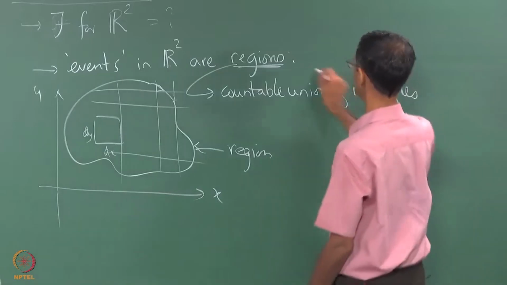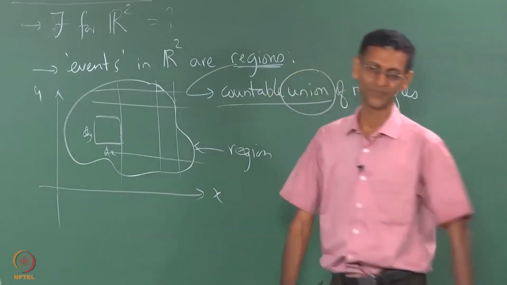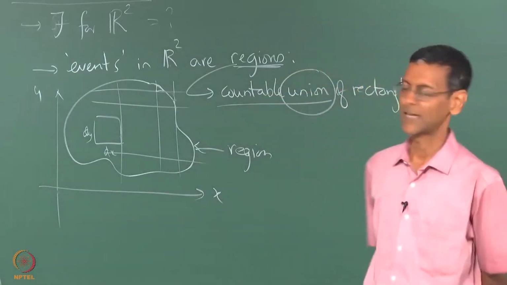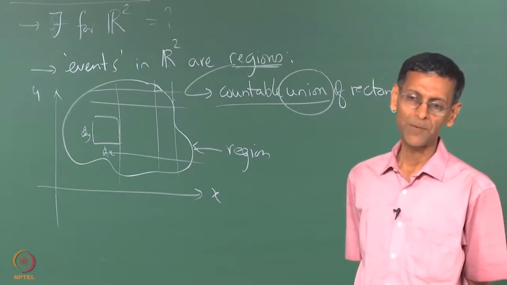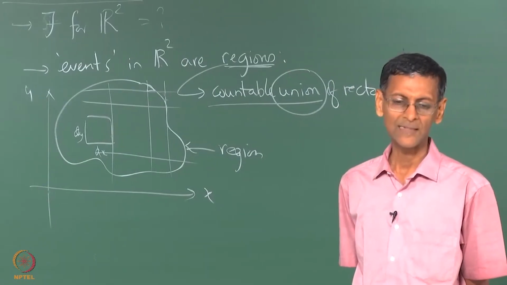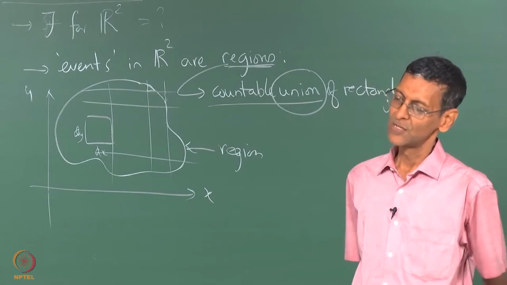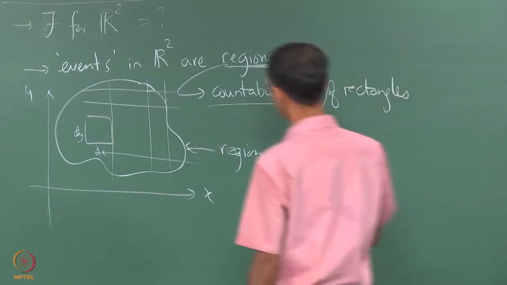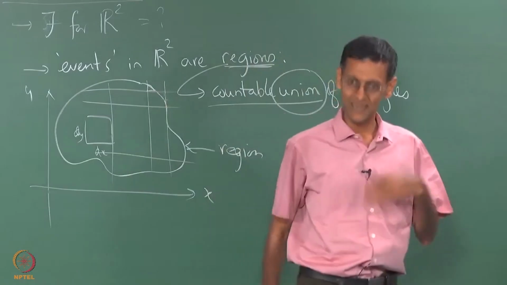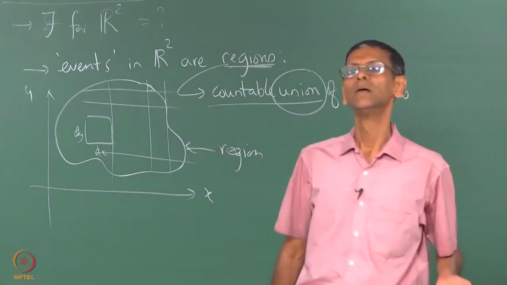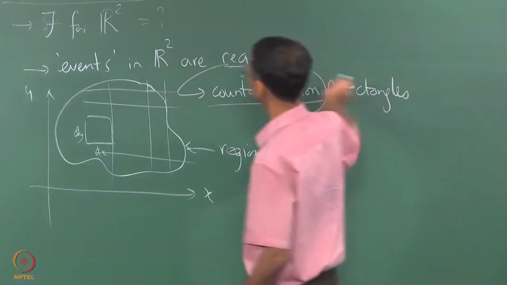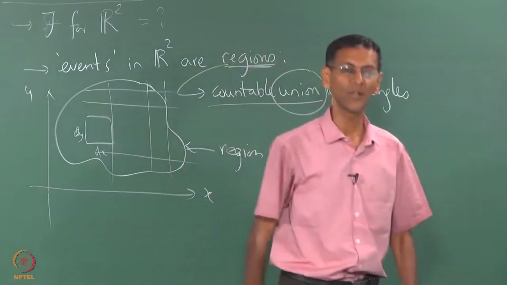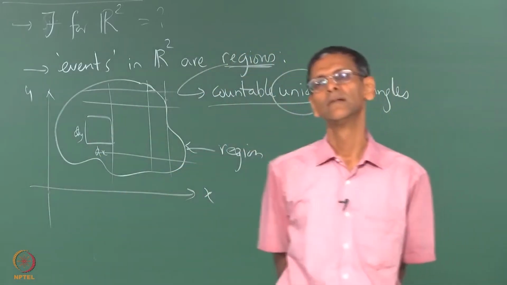The point is that we need this countable union. Of course, there may be an uncountable infinity of points in the plane, just like there are uncountable infinity of points on a line. So we cannot think of taking the union of individual points, right? That is not a countable union. But if you want a countable union, we allow these rectangles to be arbitrarily small, right?